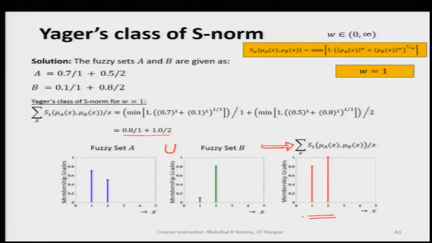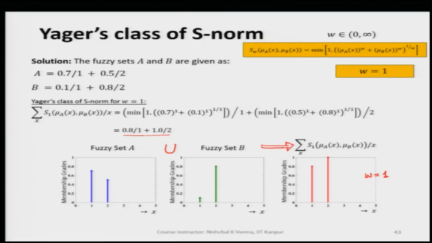One has 0.8 as the membership value corresponding to the generic variable value 1, plus we have 1 as the membership value corresponding to the generic variable value 2, and both of these have been plotted here. This is for w equal to 1. So, w is an important parameter here in Jaeger's class of S norm, and when we change the value of w, let us see what happens.